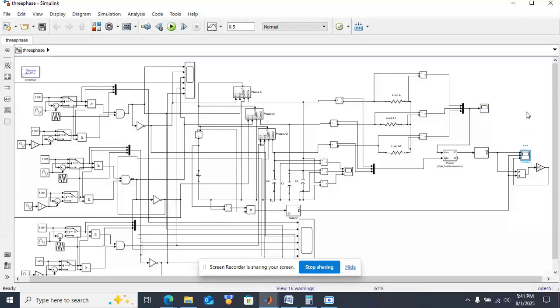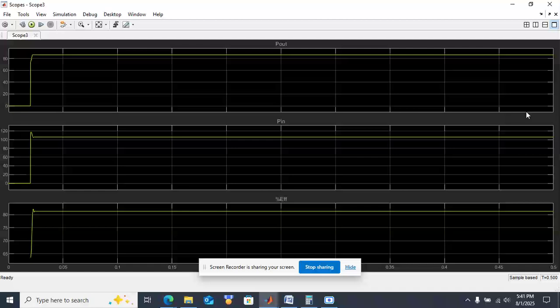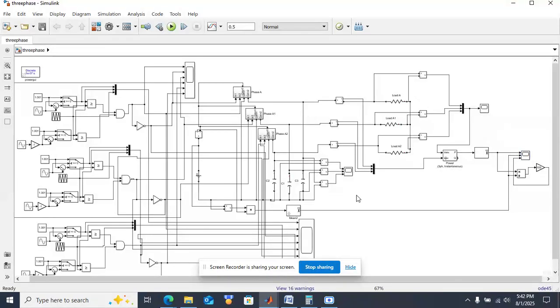Here we will get the efficiency along with load power and input power. Load power is around 85 watts, input power is around 105 watts, efficiency is around 82 percent. So here efficiency is 82 percent for three phase applications. For single phase it is 98 percent.